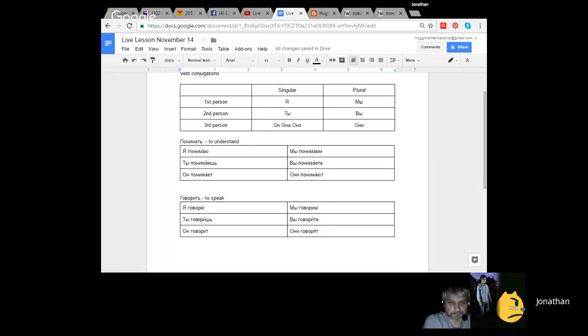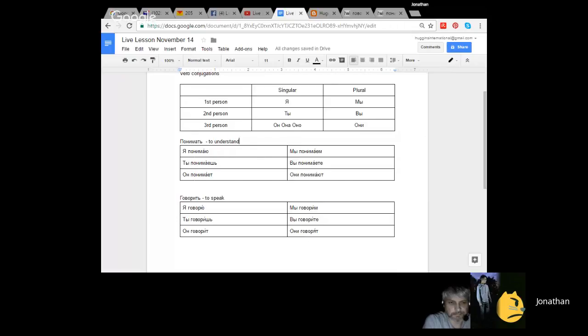Most verbs that you will see in Russian will have this ending. There are some exceptions, like the verb to go, идти, which does not have this soft sign ending. But most verbs that you'll see when you're starting out with Russian will have this ending.